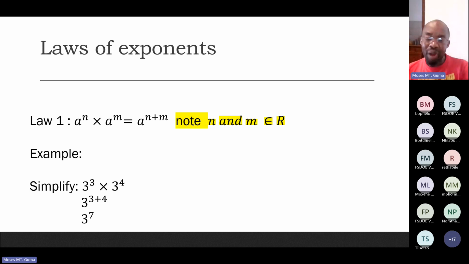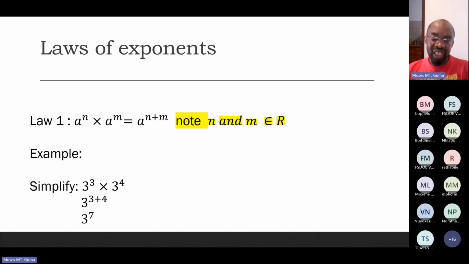And remember, 3 to power 7 tells us that we should multiply 3 by itself 7 times. Imagine the product that you would get there, how big the product is. And look at how beautiful it is when we express it as a power. Let's move on, my beautiful people.